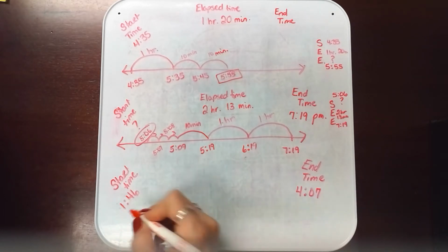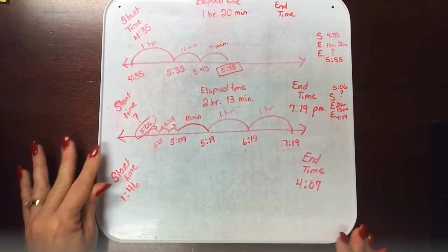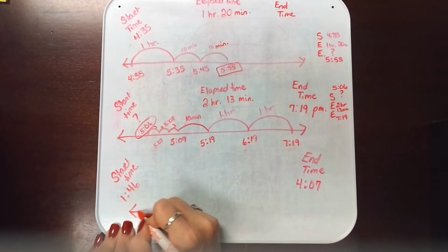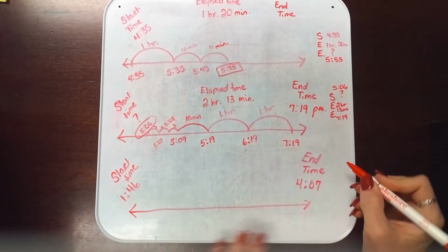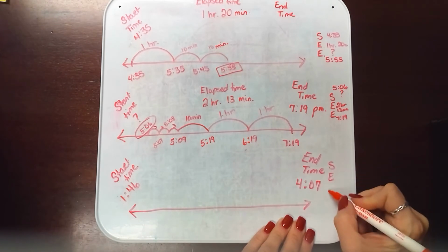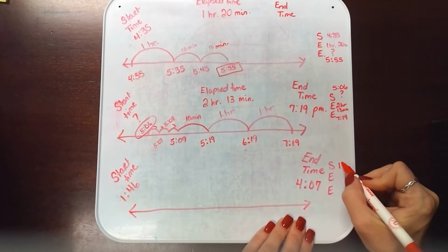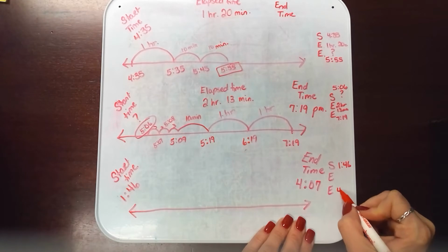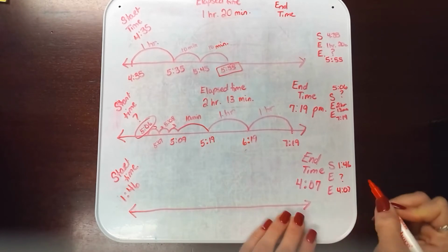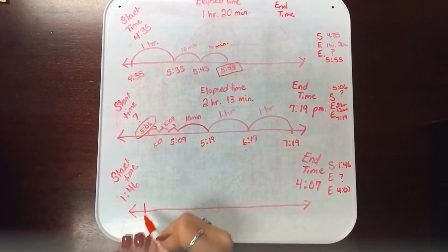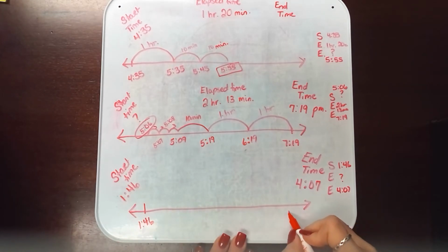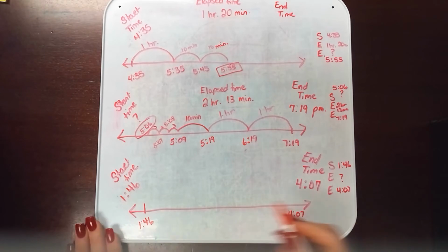Okay, and so for this one, it's just the same thing. If I have the C chart, I know my start time, I know my end time, but I don't know that middle time. I don't know the elapsed time.